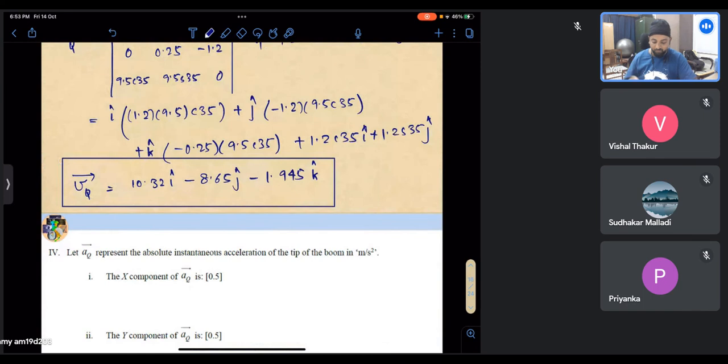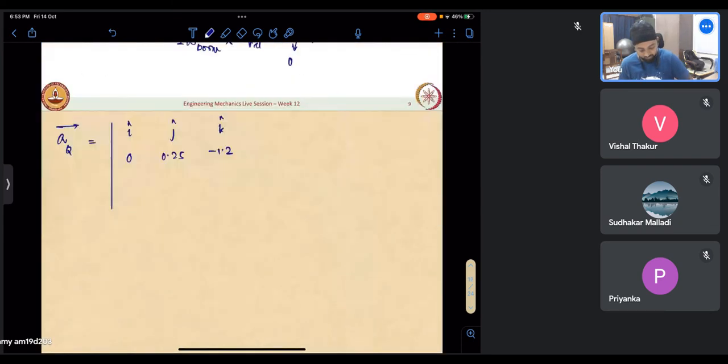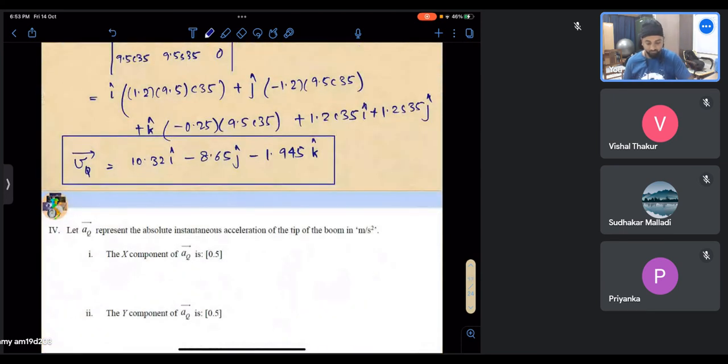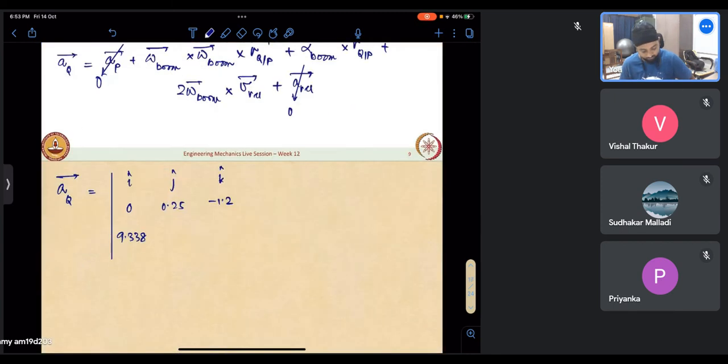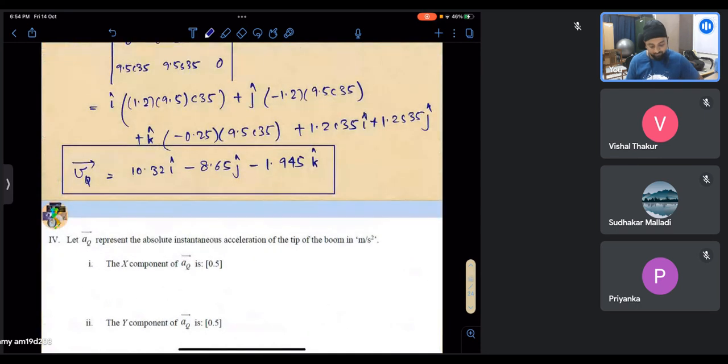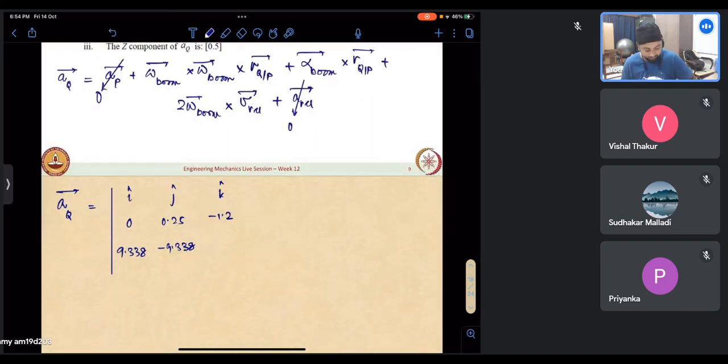Let me calculate this. 1.2 into 9.5 is 9.338. And then I have my K cap is minus 0.25 into 9.35. So this is my omega.